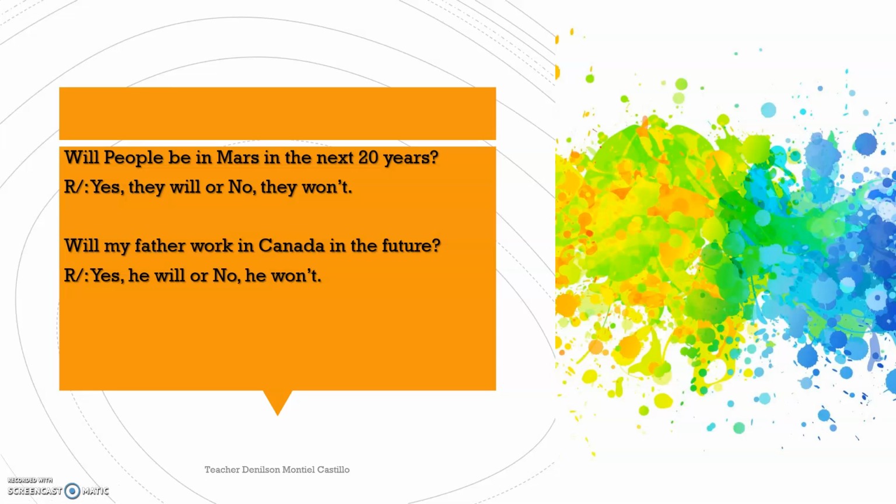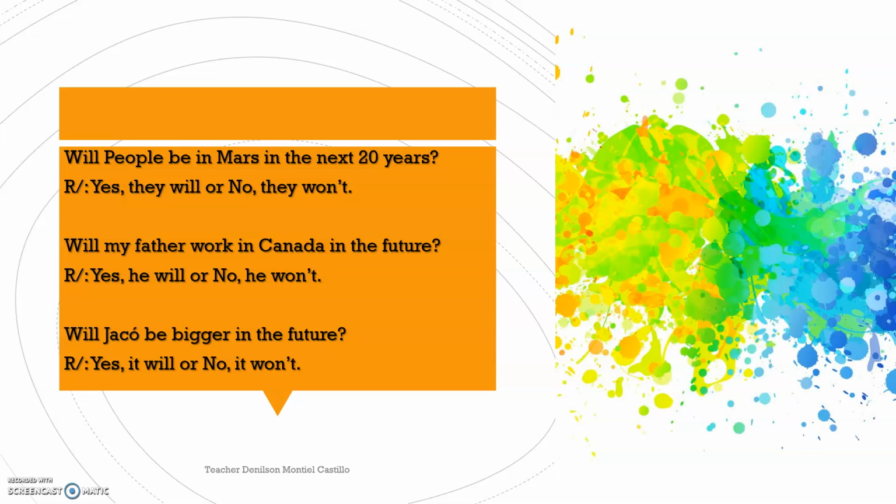Now, the last one: will Hako be bigger in the future? Again, we start with will, Hako is the subject, the verb is be, and bigger in the future would work as a complement. So in this case, short answers, yes/no answers.